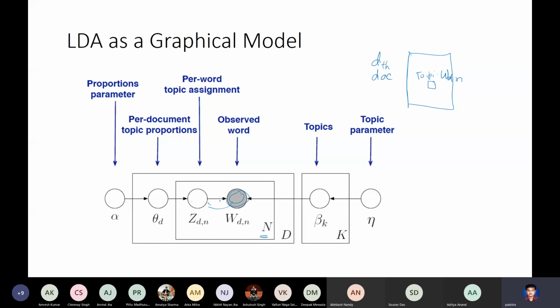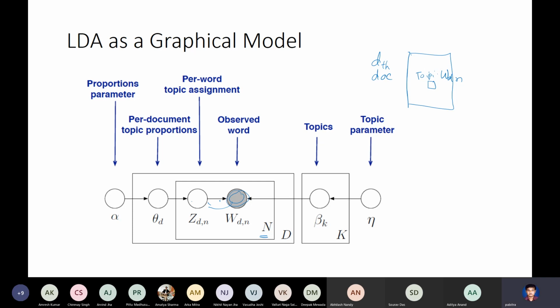And alpha is a parameter of the distribution, let's say the variance or mean of the distribution. How are the topics distributed over documents? That's a corpus property. So alpha is a parameter, not a latent variable, and that determines what my theta d collection would be. This is replicated over the corpus, so it's inside the plate.